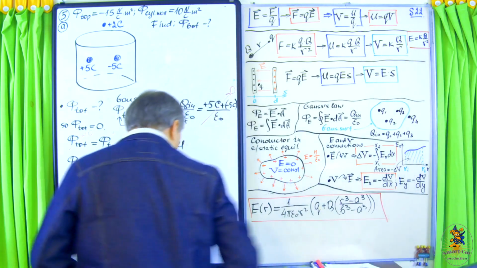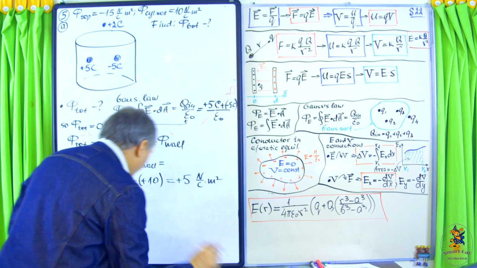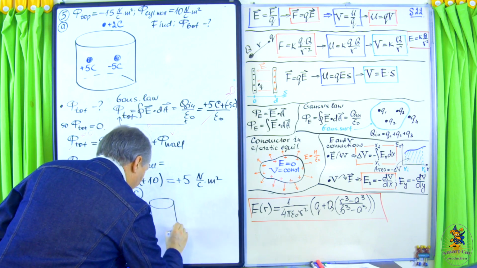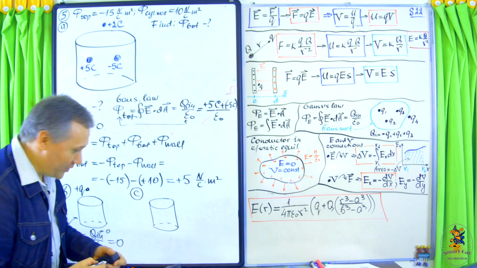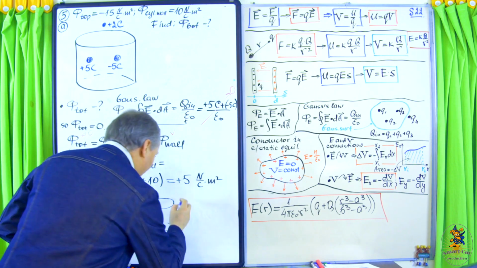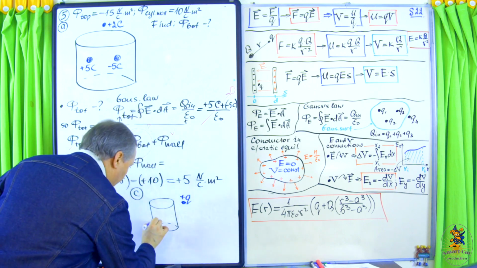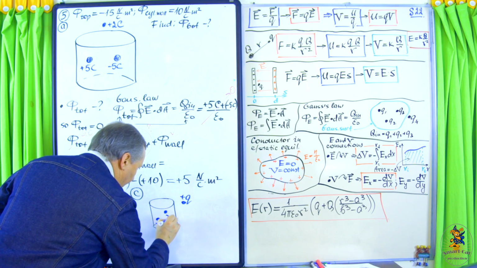Another similar question I prepared, let's say part C. Again, let's assume that we have a cylinder, and let's increase the number of charges. Let's say we have here a charge plus Q outside, then inside there is plus Q over here and minus Q over there.